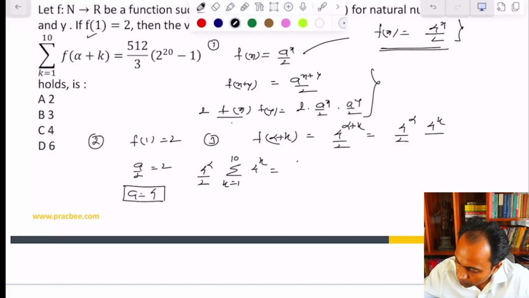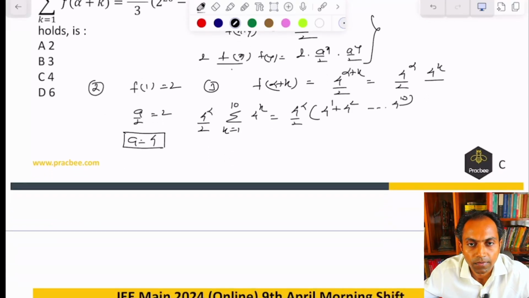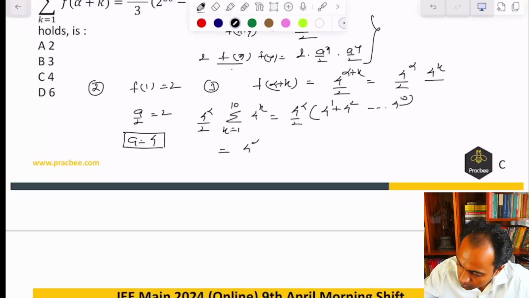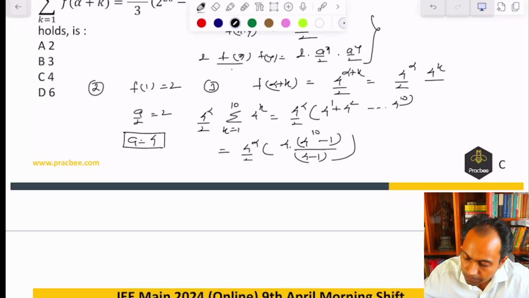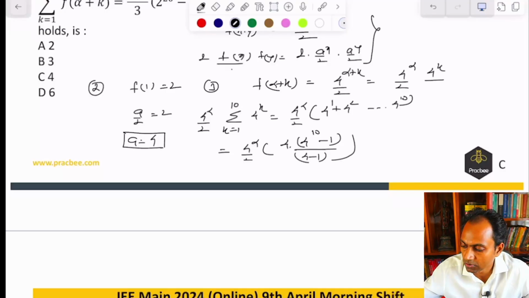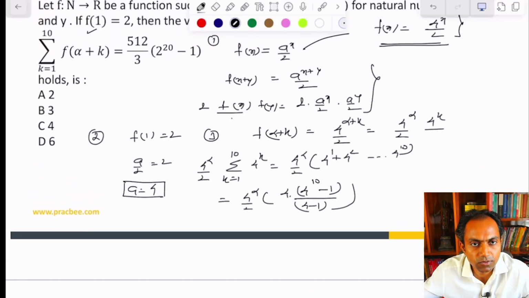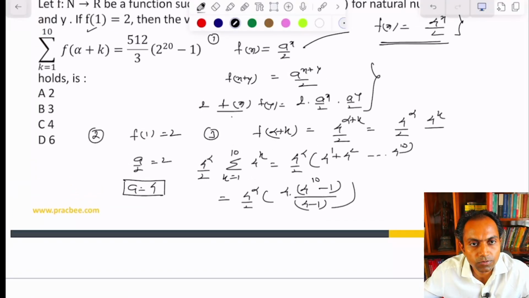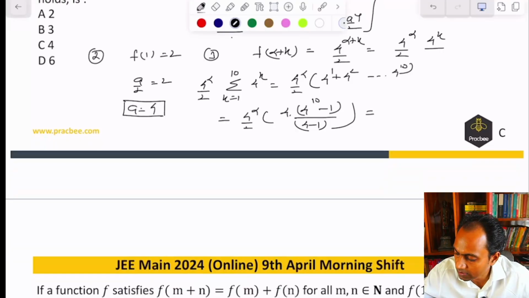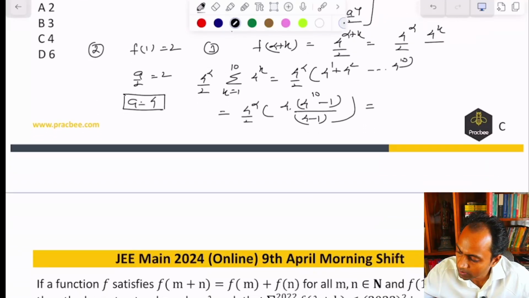So this becomes 4 raised to the power alpha by 2 times 4 raised to the power 1, 4 raised to the power 2 till 4 raised to the power 10, which in turn will become 4 raised to the power alpha by 2 into a into r raised to the power n minus 1 by 4. If I simplify this, I should get my answer. Now they are saying that this is equal to 2 raised to the power 20. Now they are saying that this is equal to 5 and 2 by 3.